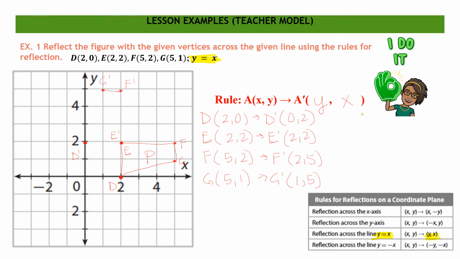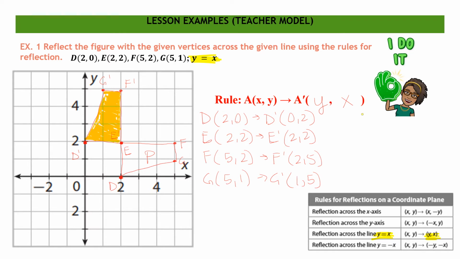So we're going to take all these points and do the same thing we just did with our pre-image and connect them for our image. And let me go ahead and highlight this so you can see what our image looks like. So that is our image right here for D prime, E prime, F prime, and G prime.